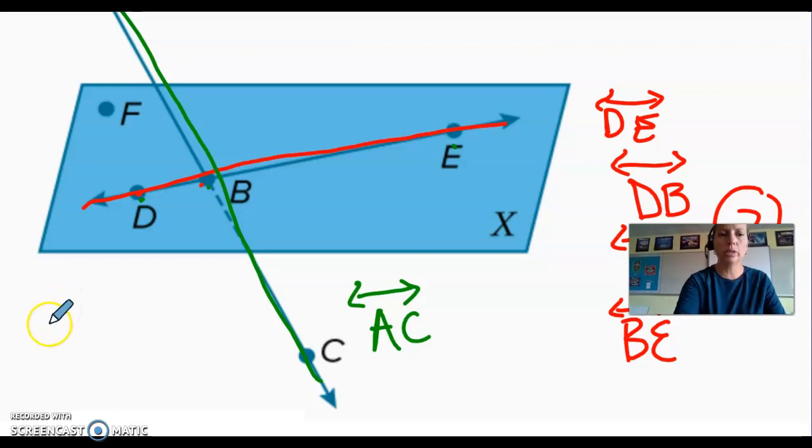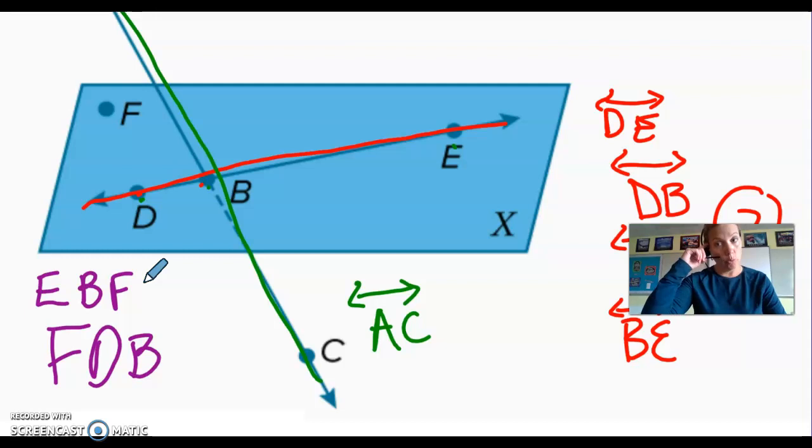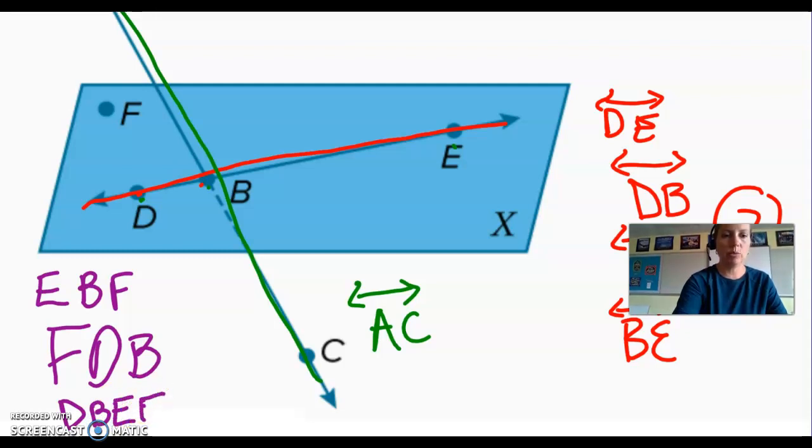So I would have to call it plane F, D, B, or I could call it plane E, B, F. I can also name it with 4 points, and then I can have those 3 that are in a line, but I do have to have that 4th one explaining that it is that plane. I could take my folder and put it on DBE, but it wouldn't hit F. So all 4 of those are the ways that we would name that blue plane.